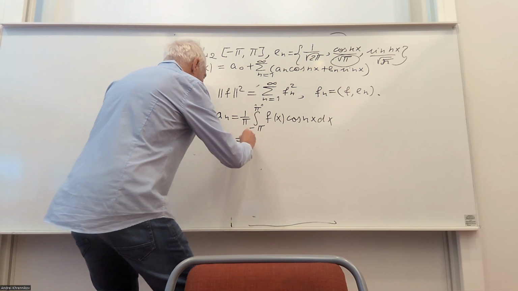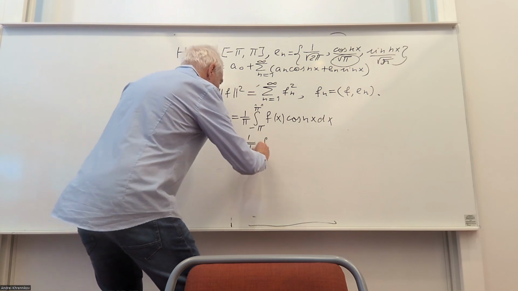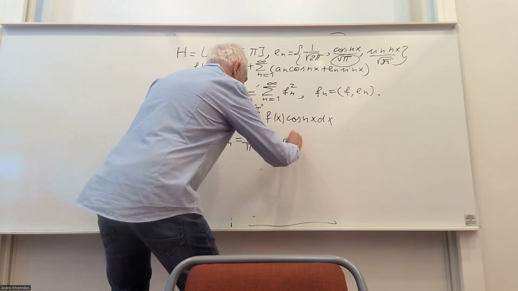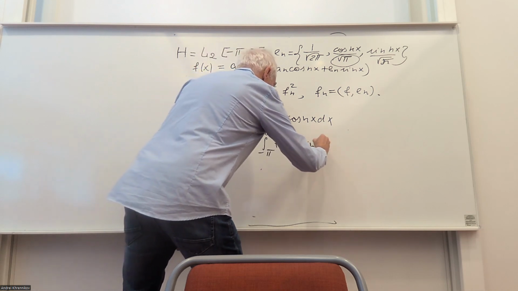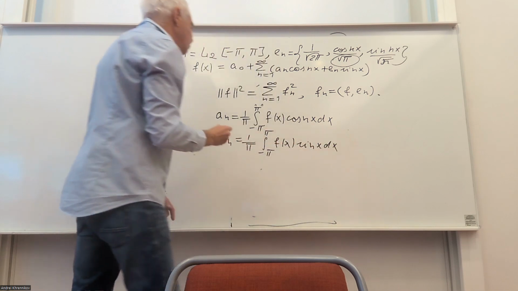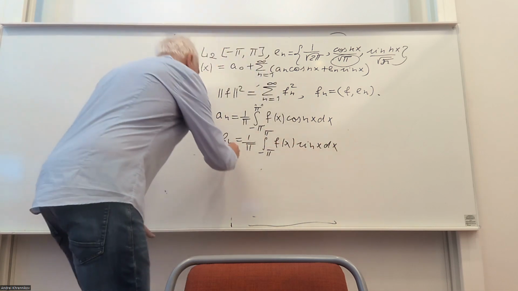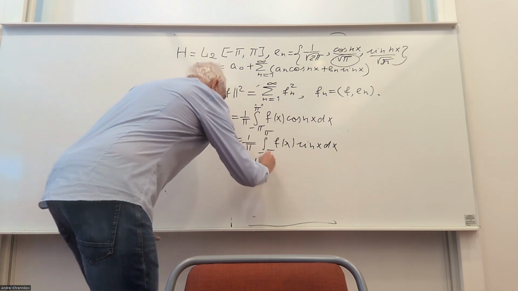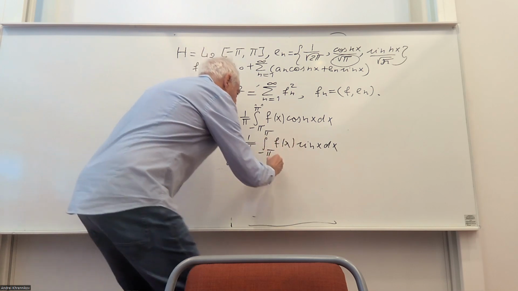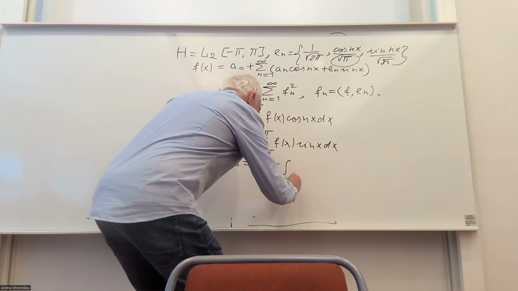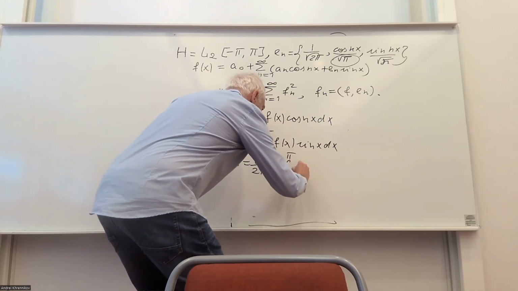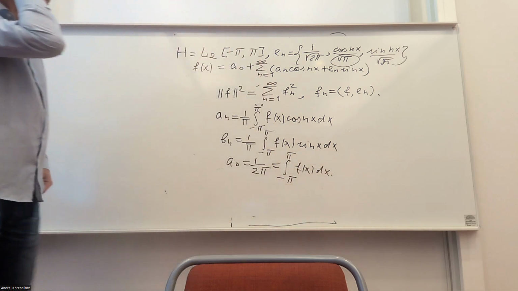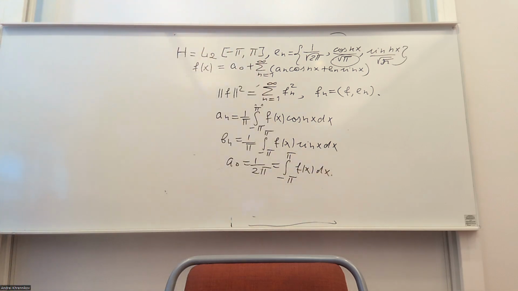Bn is the same with sine. And A0 is normalized by 2 pi, so it's 1 over 2 pi, and here is multiplication by 1, so it is just the integral of our function dx. So this is the Fourier series.